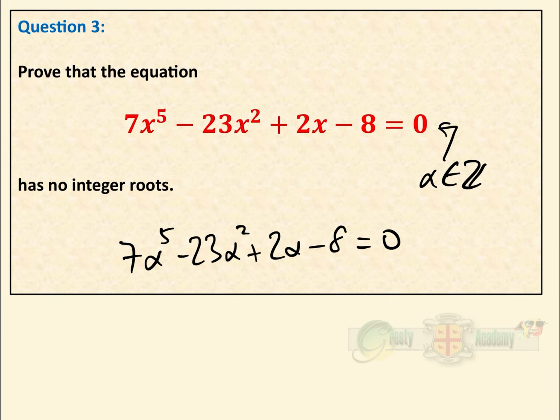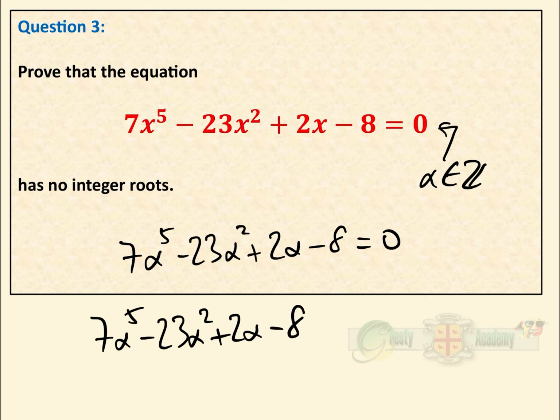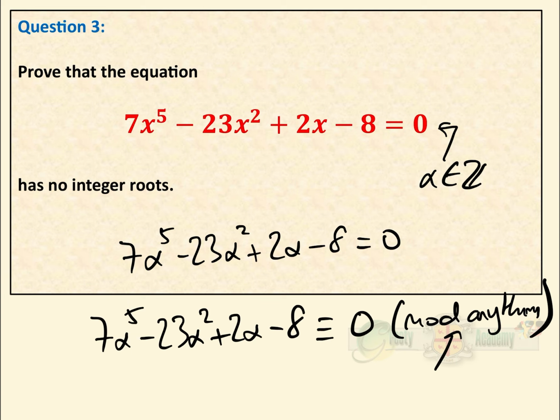But that also means that it is equal to 0 mod anything. So if we can find some mod whereby this cannot possibly be true, then we have proved that the equation has no integer roots.